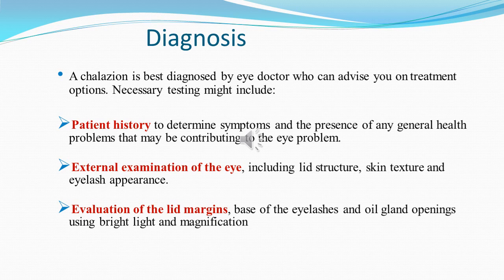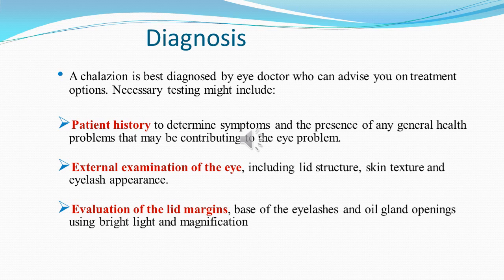Local examination will reveal that the lesion is in the firm plate of the lid, that is the tarsal plate, and it is free from the skin, and on eversion of the conjunctiva you can see a bluish discoloration of the stretched shiny conjunctiva over the lesion. These are the characteristic features by which we can diagnose the chalazion.